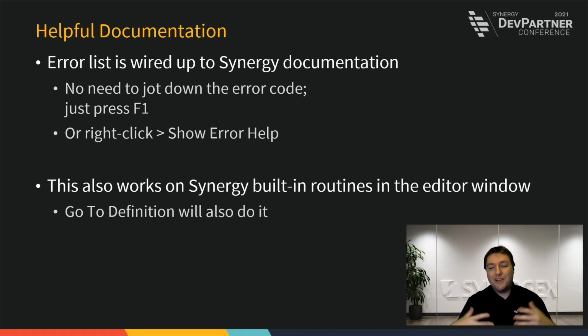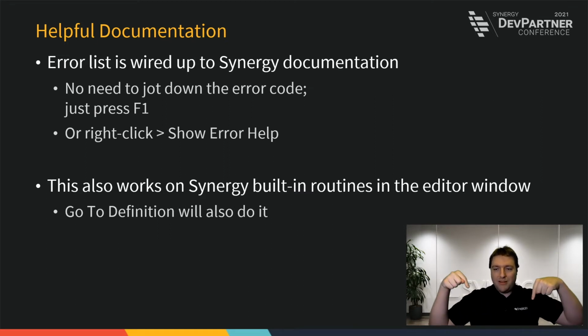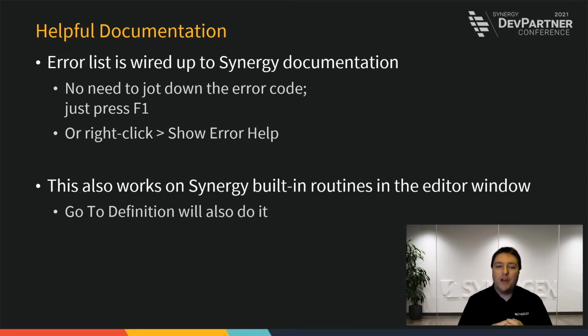With all of our documentation online, you can just Google it, right? No, of course not. You're in an IDE, which is a fully integrated experience. Just click on the error in the error list and press F1 to open up our web documentation to the right place. The same functionality is also exposed by right-clicking on the error and selecting Show Error Help.